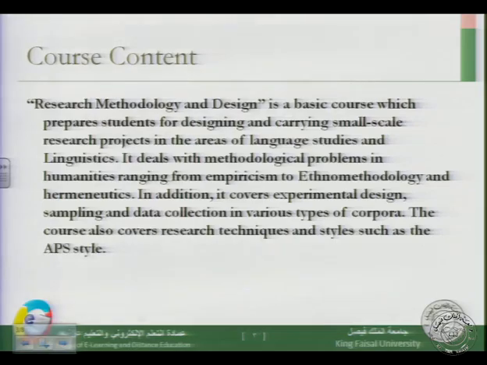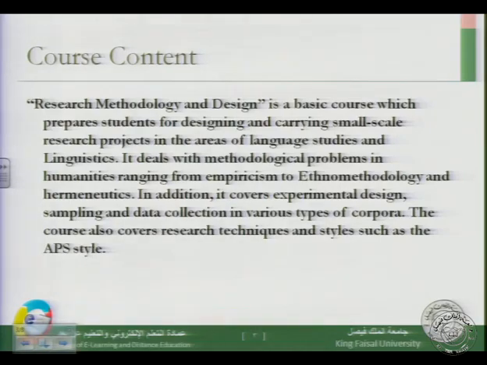And here in our course we are going to limit our talk to research about language and linguistics, applied linguistics, etc. And then we want to know the methods that we can use to apply these types of research. So we will talk about these different methodological approaches and their problems. Also, we want to know how to select samples. This is called sampling and data collection, and how to analyze them so we can get results from the data analysis.